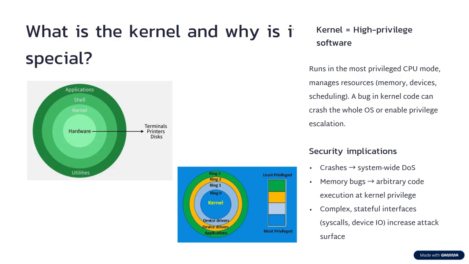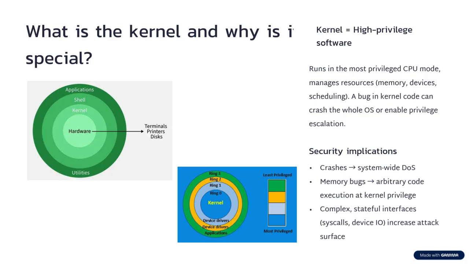So the kernel also exposes a large attack surface. Every time there's a system call, such as an open or a read or a write or a memory mmap, it's really an entry point into the kernel code. Many of these calls accept complex nested structured arguments. So the kernel is highly privileged and it's pretty exposed.